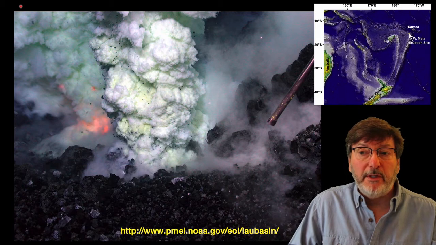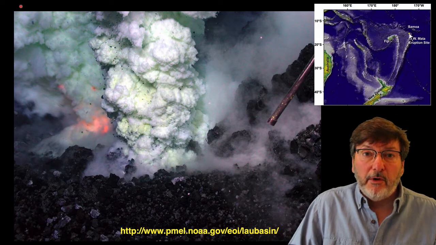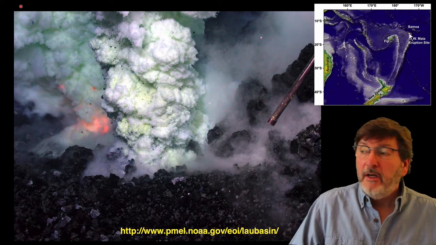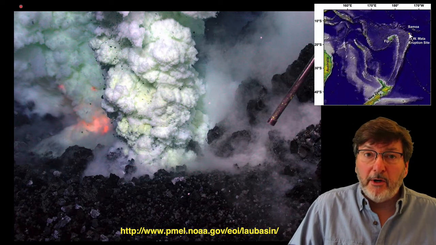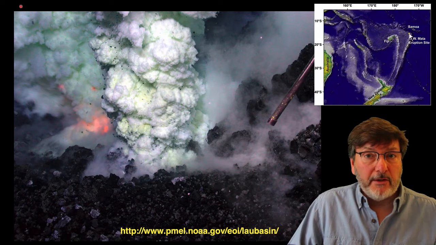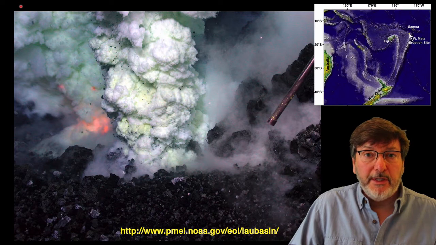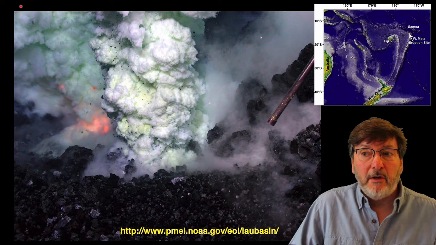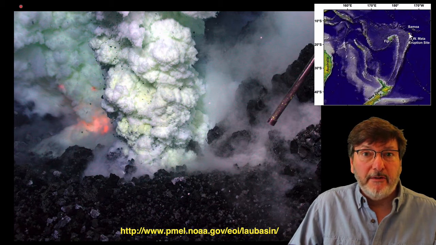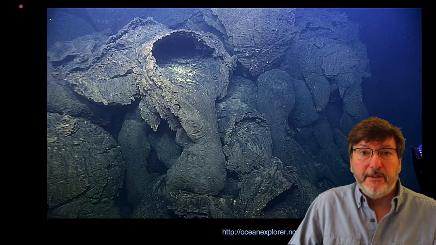So here's basalt erupting on the seafloor near Fiji and the Samoa, American Samoa Islands. 1,000 to 1,500 degrees C lava erupting on the surface. That's a very angry chemical reaction that's occurring at 1,000 degrees plus with freezing seawater.